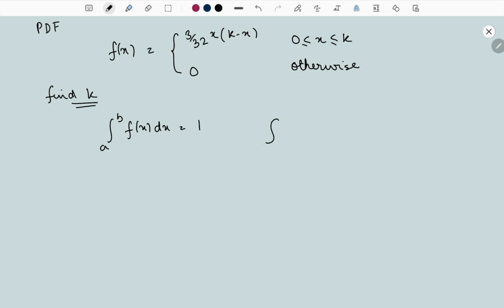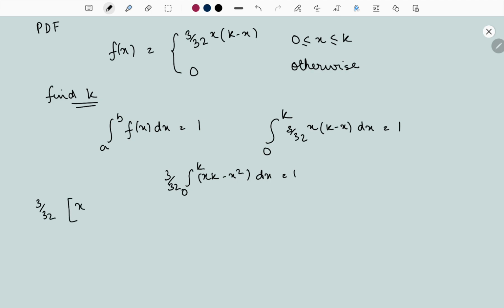So using it, the integral from 0 to k of 3 by 32 x(k minus x) dx equals 1. 3 by 32 is outside, the integral from 0 to k of (xk minus x squared) dx equals 1. So 3 by 32 times (x squared k by 2 minus x cubed by 3) from 0 to k equals 1.